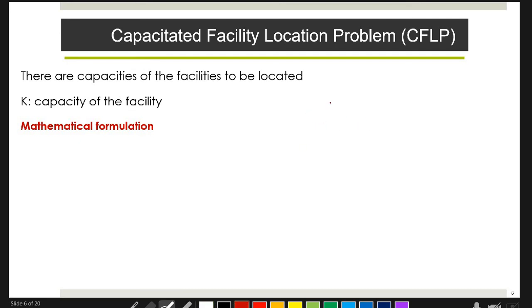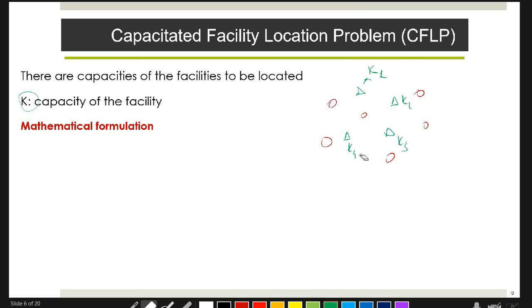It means that, okay, still we have some customers and still we have some alternative locations for the facilities. But when you establish a facility, the capacity of that facility is equal to K. Sometimes these capacities can even be different for each facility, so it can be K1 for this, K2 for this, K3 and K4.